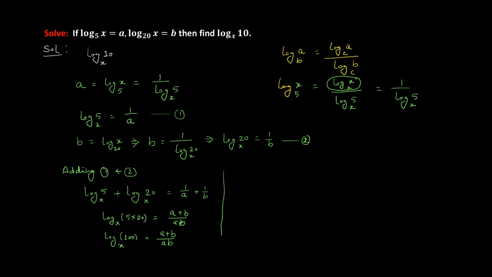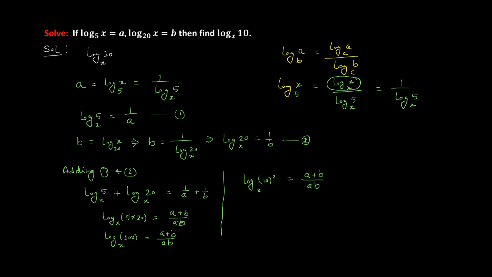Here we need to get the value of log 10, so we can write 100 as 10 squared, to the base x, equal to (a plus b) divided by ab.